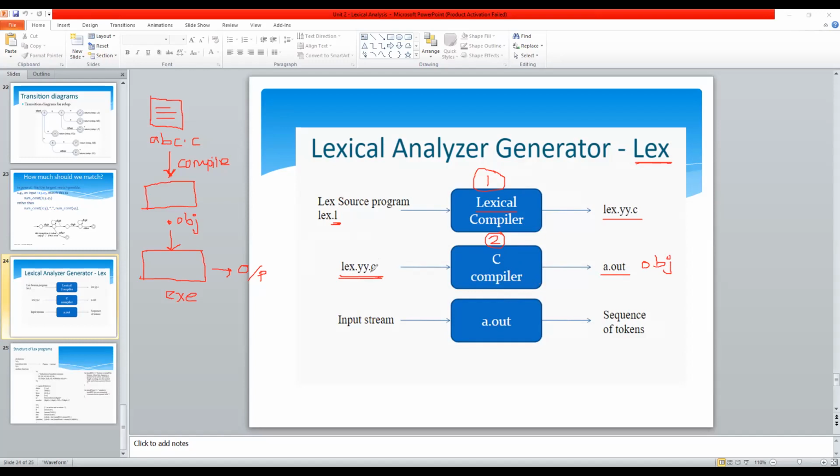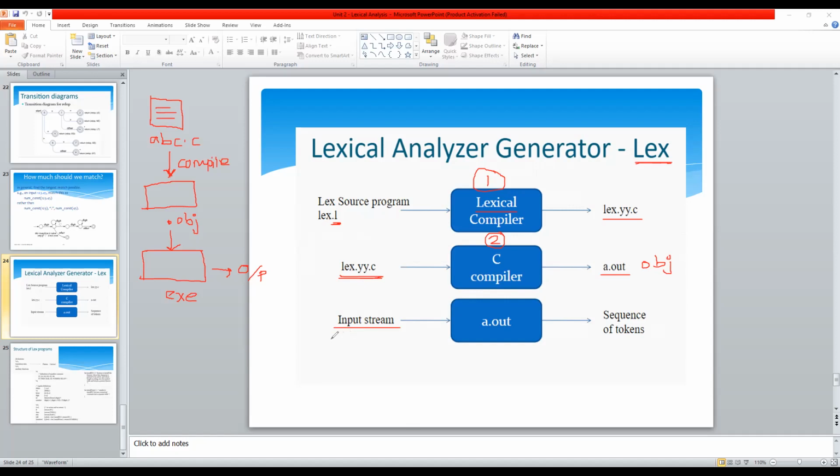Once I get this object code a.out, I am going to pass an input stream to this file.